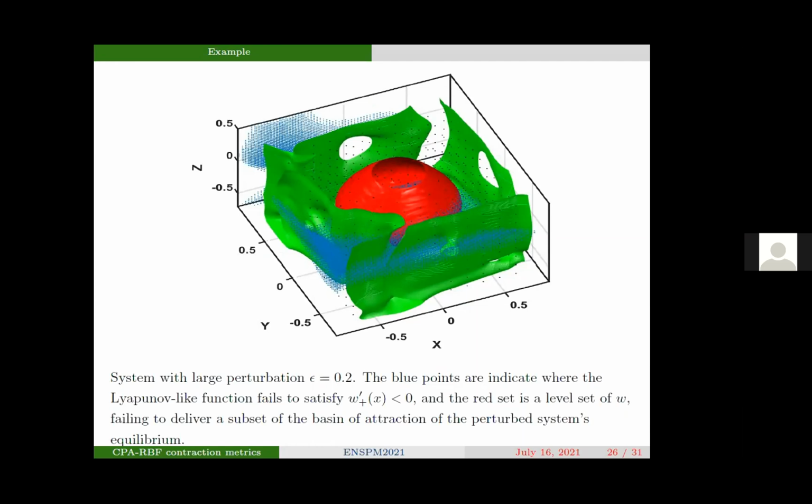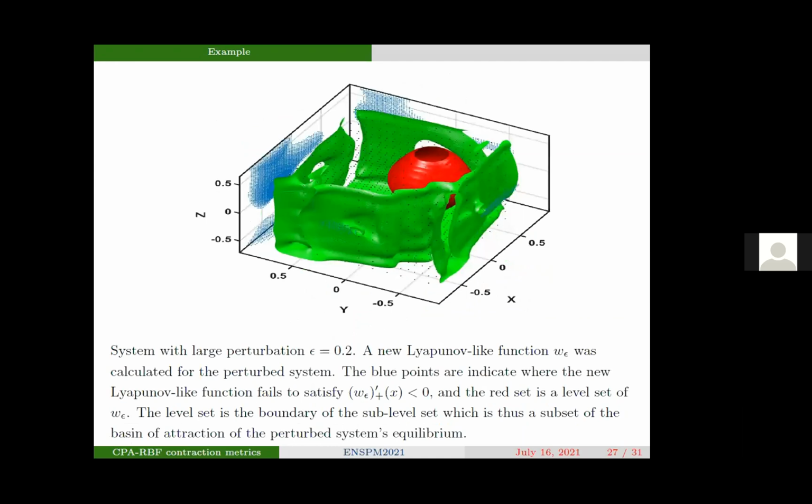So what we had to do was compute a new Lyapunov-like function, which now, you see, the failing points are outside the desired area, and we have the red level set inside the area suggested by the contraction metric, and everything works fine.